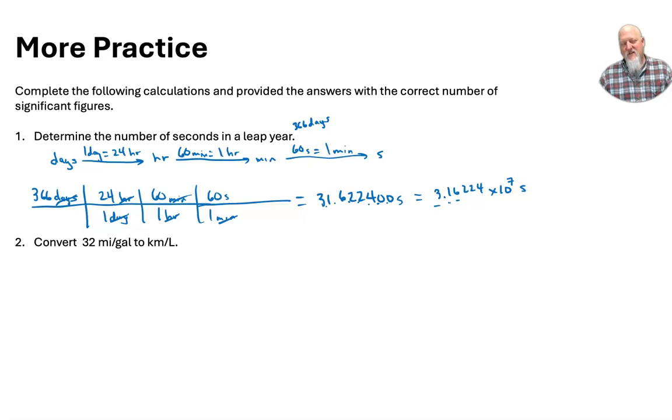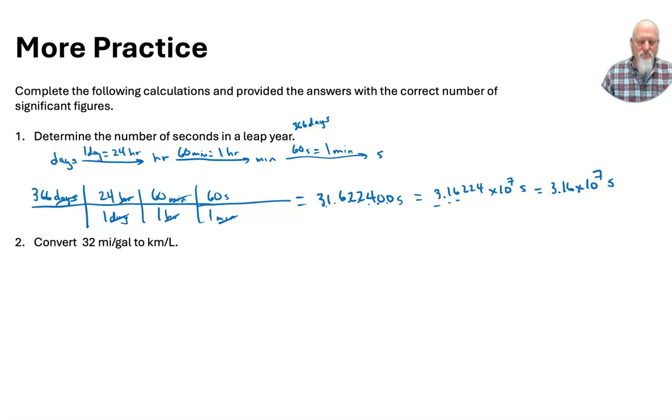The number after the last significant figure is a 2, so we're going to round down. So 3.16 times 10 to the 7 seconds. So leap year is, what is that? 32 million seconds.